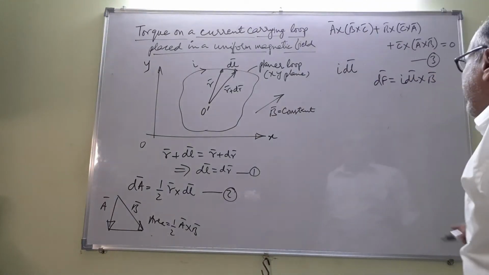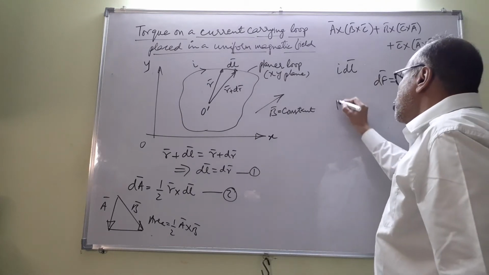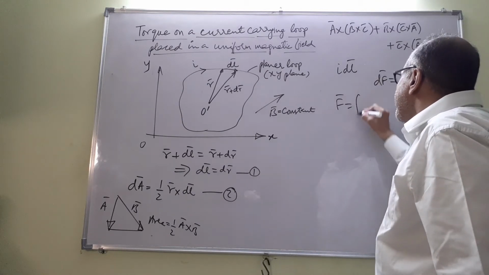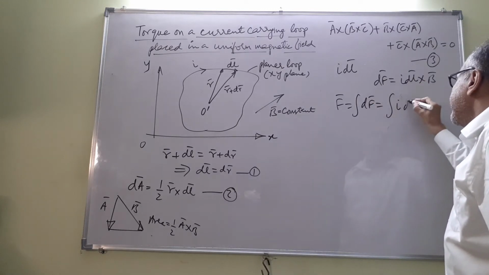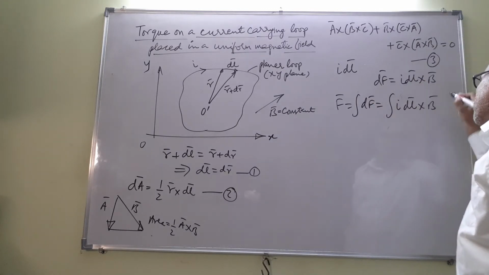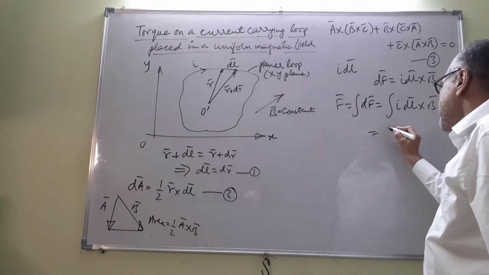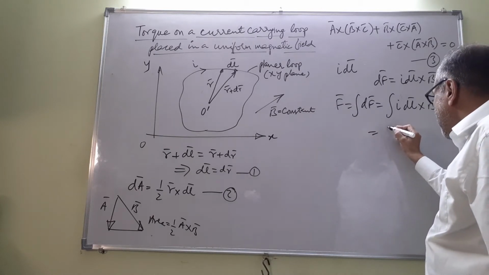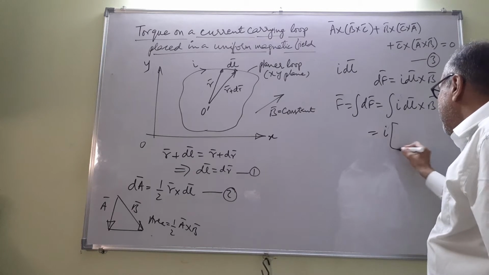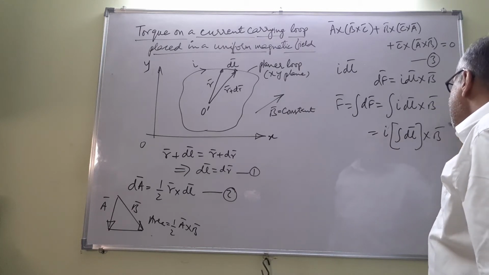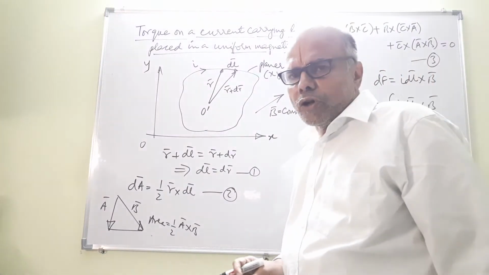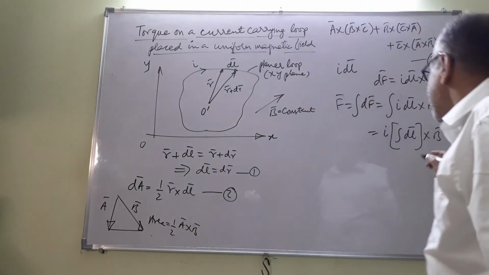Let us try to find the total force. The total force on the conductor would be integral dF, that is equal to integral I dl cross B. I will be out of the integral and we will have integral dl cross B. B is also out of the integral because it is a constant, and I is also a constant.